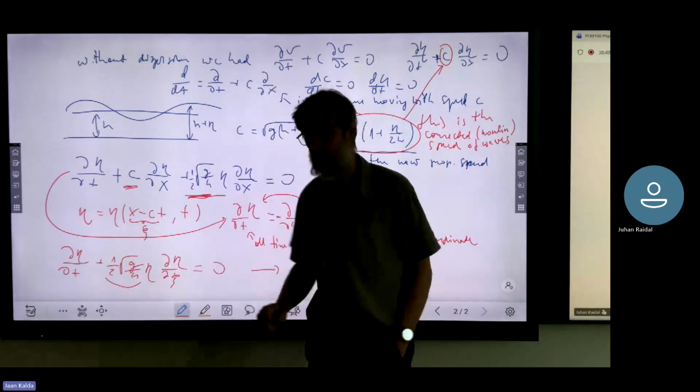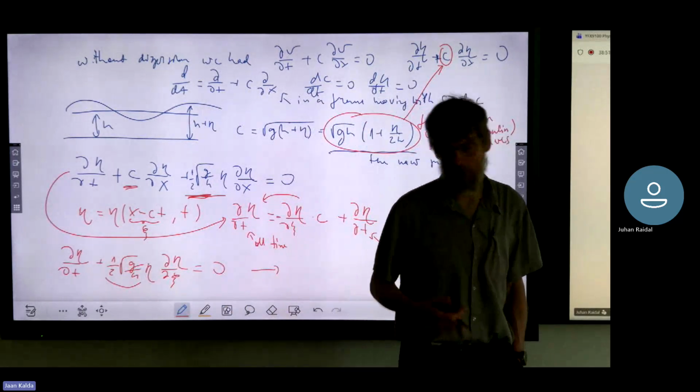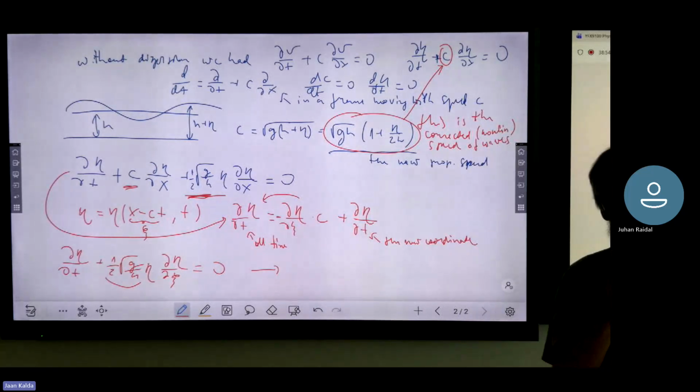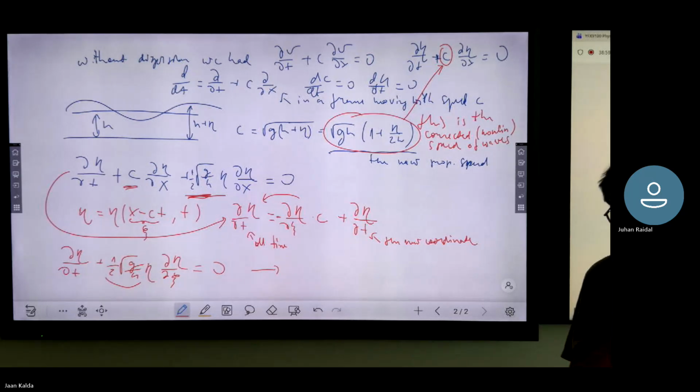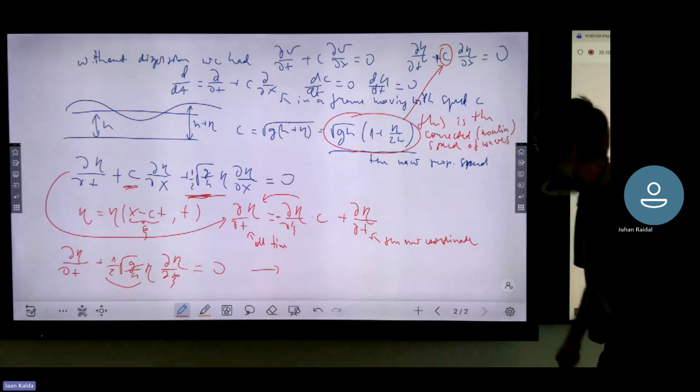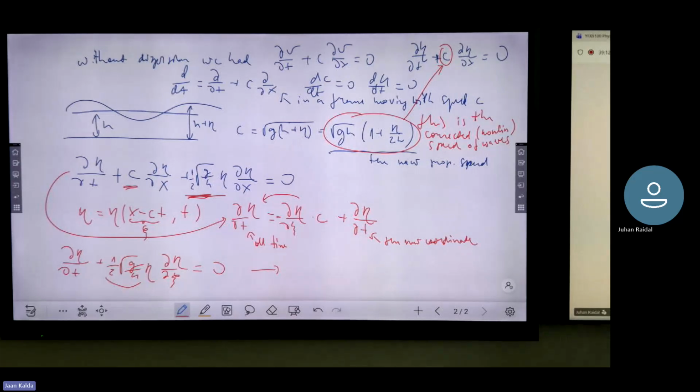So I think we did last time an exercise on how to make an equation dimensionless, didn't we? And you had even some homework, I think. No, I'm confusing it with another lecture. Right.